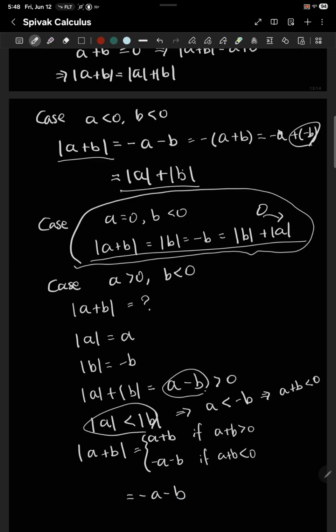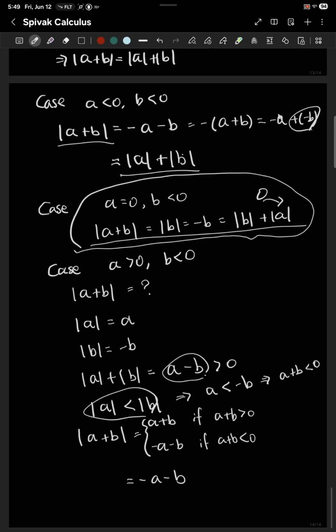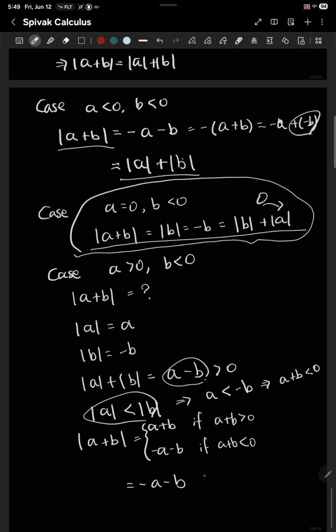What does that leave us? Does it leave us to the statement where it is less than or equal to the absolute value of a plus the absolute value of b? Is it true?